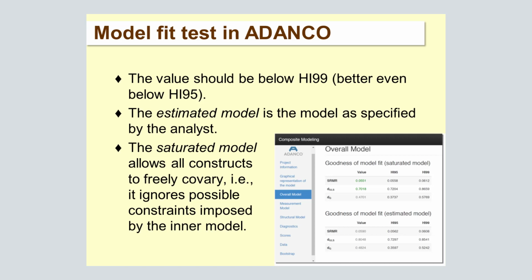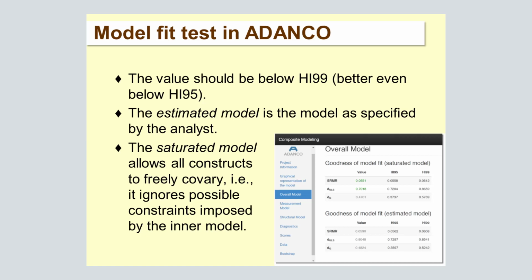The estimated model is the model as specified by the analyst. The saturated model has a modified inner model, namely it allows all constructs to covary. That means there are no constraints in the inner model. For the model below, we could thus say that the saturated model has an excellent fit and the estimated model still has a good fit.